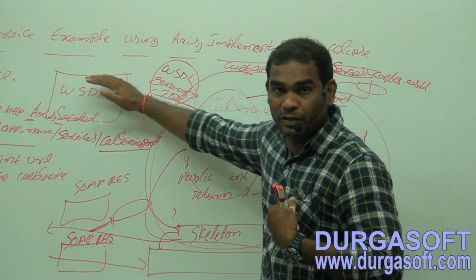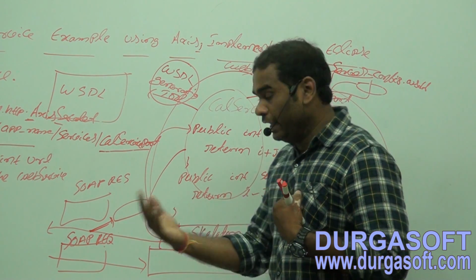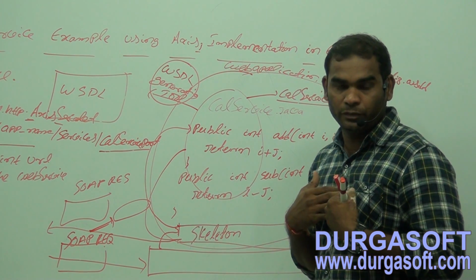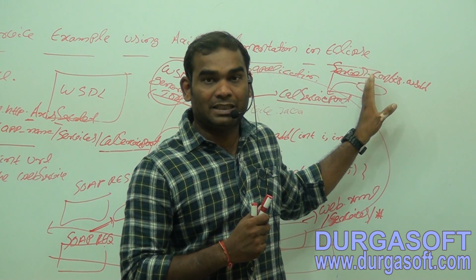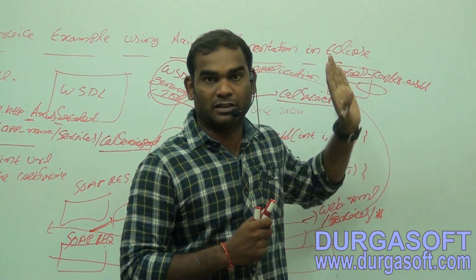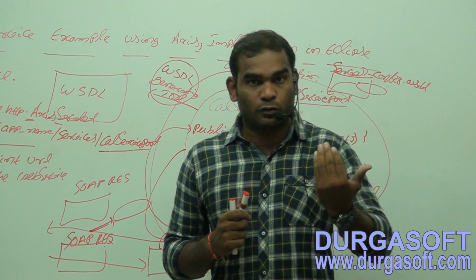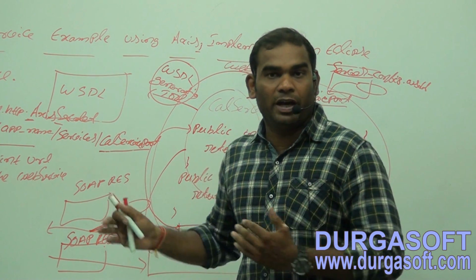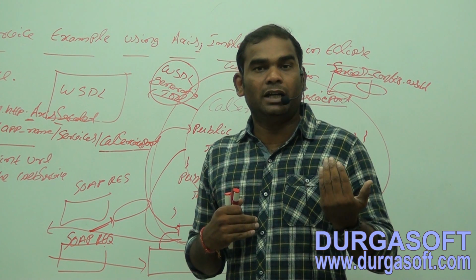You need to generate the WSDL file using the Metro WSDL generation tool. You need to configure the Metro implementation skeleton in the web.xml file. You need to create the Metro configuration file, that is the sun-jaxws.xml file. But if you are working with Axis1, Axis2, or Apache CXF implementation in Eclipse, it is not required to do all these steps manually. Eclipse will do them automatically.